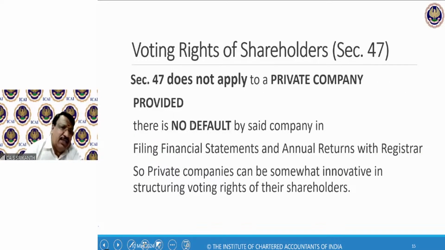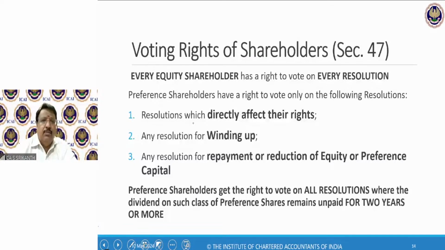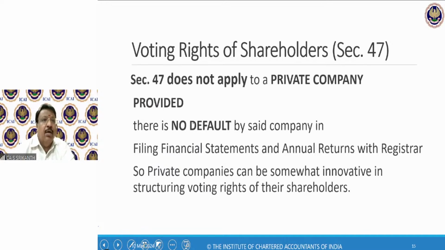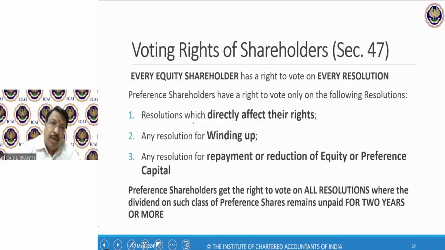Now, we earlier saw Section 47, voting rights of shareholders. Every equity shareholder has a right to vote on every resolution, etc. In this section, a private company can do whatever it wants. The private company, by its articles, can say Section 47 does not apply to me. Meaning, equity shareholders can have different rights of voting.